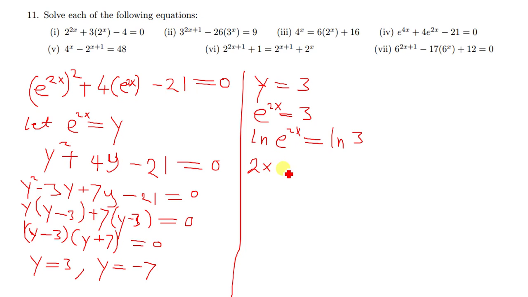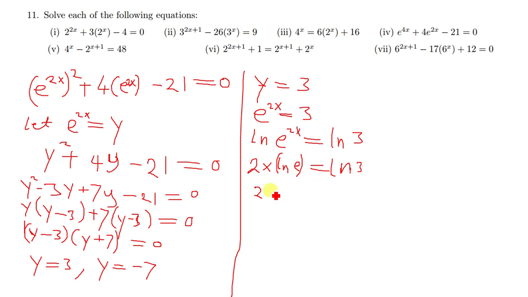ln e being equal to ln 3. So from there we know to say the value of ln e is just equal to 1.